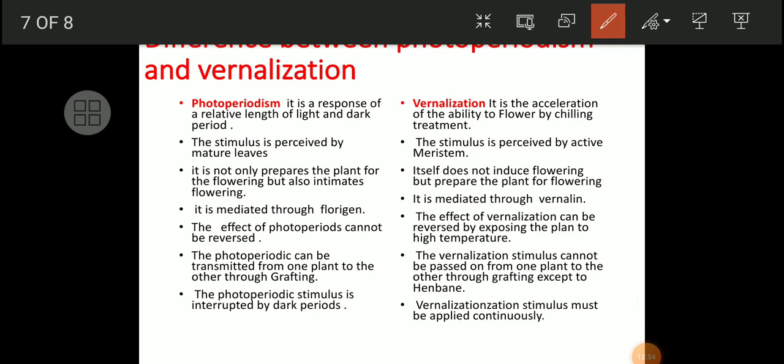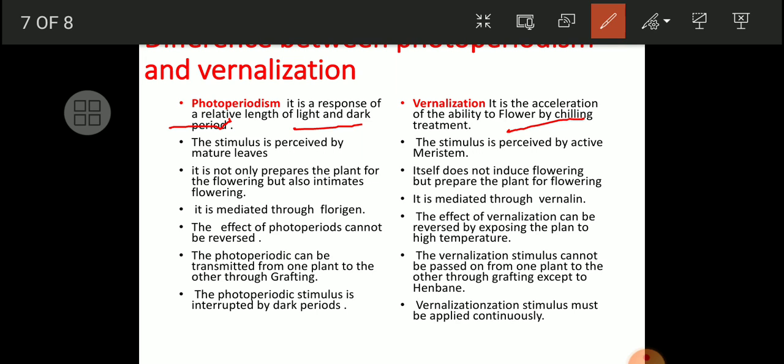Here, my friends, you have to keep in mind, photoperiodism is a response to the relative length of light and dark period. But here, acceleration of the ability to flower by chilling treatment, that is nothing but vernalization.